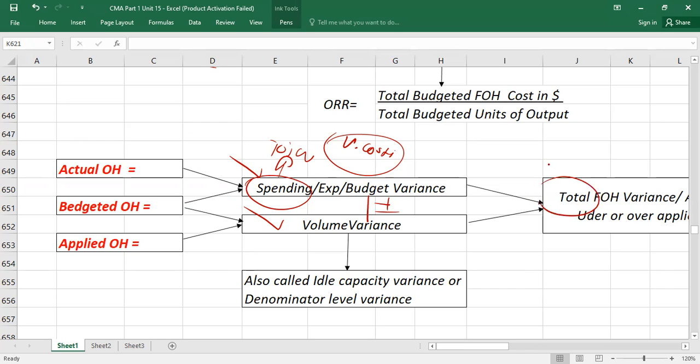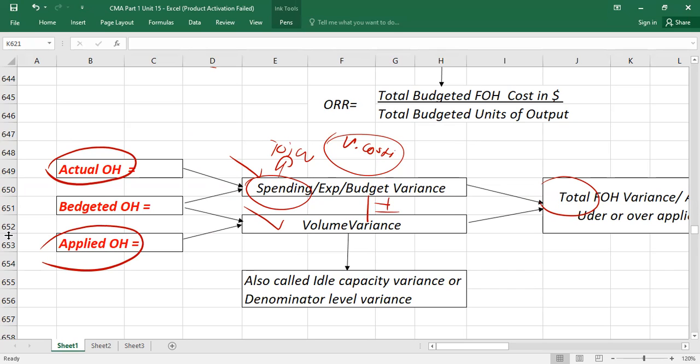Total variance. And total variance I can calculate by using another way also. If I take the difference of actual overhead and the third line, which is applied overhead, this will also give you total variance.